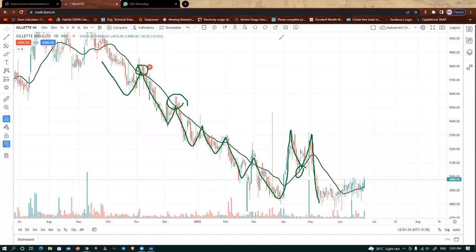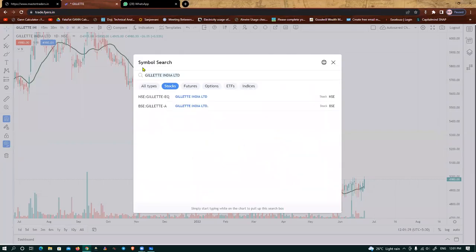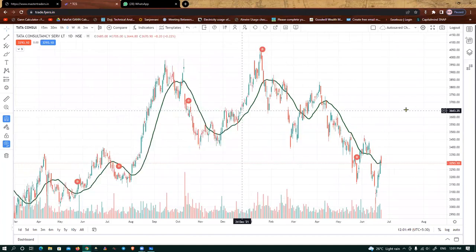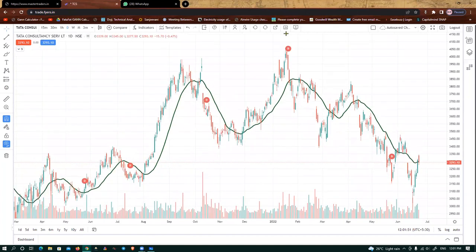We will see some different example, TCS. Here you can see price broke and went upside.